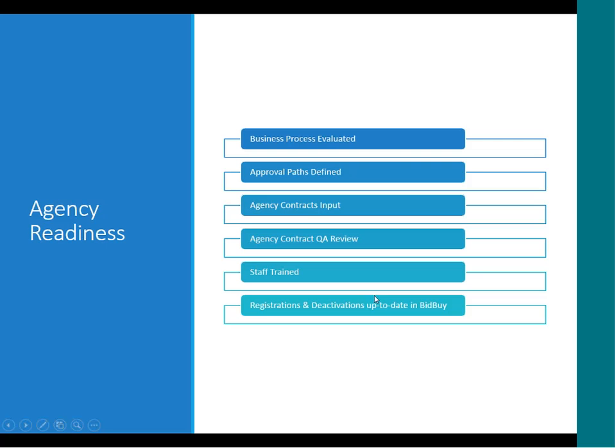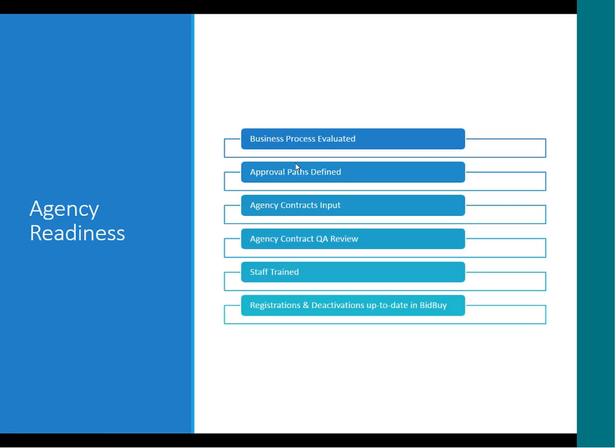On agency readiness, the slide we always talk about, make sure that as you're working in BidBuy, you're continuing to streamline your business processes related to the new processes within BidBuy, especially as we roll out anything new. Always come back and take a look at that. I know everyone is continuing to work on approval paths as well as addresses.